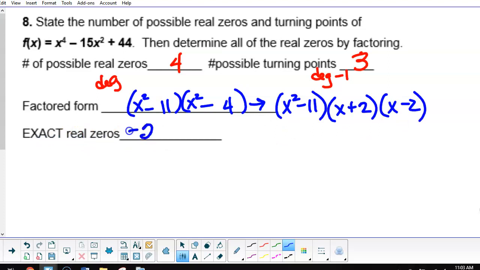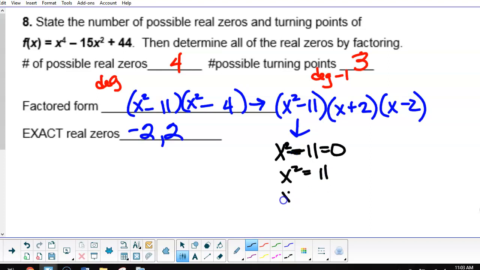Now, exact real zeros. Well, negative 2 and 2 for sure. Are these real? How can we decide that? Yeah, if you set that equal to 0, and you add 11 over there, plus or minus square root of 11, and I don't care if you write it as plus or minus.